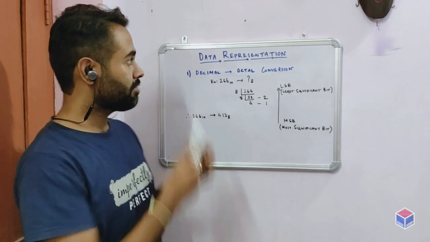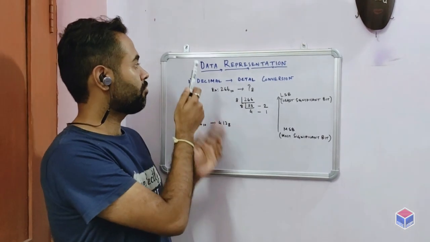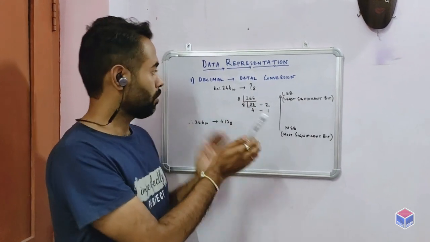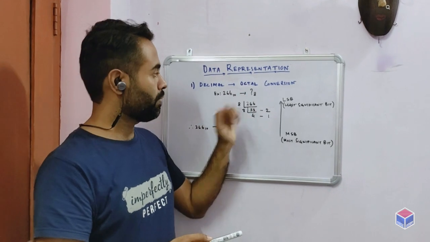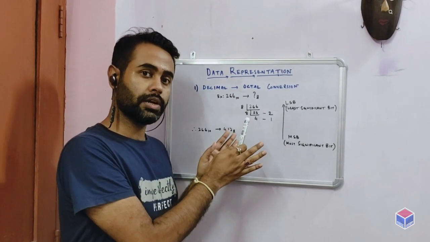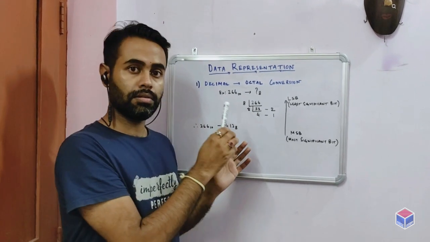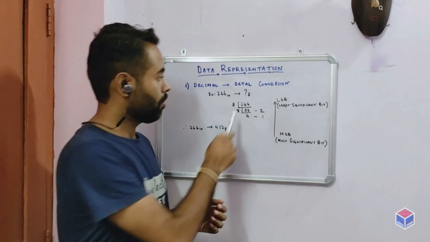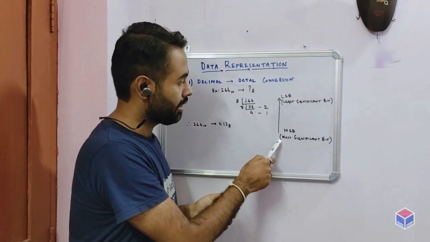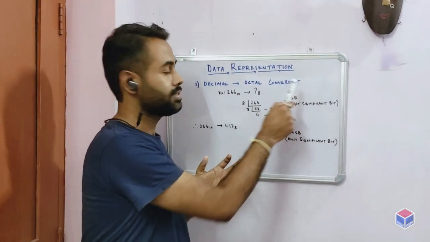The next conversion is from decimal to octal, that means from base 10 to base 8. Look at this example. We are converting 266 base 10 to base 8. The same procedure that we did for decimal to binary, we'll do using the LCM method, but we'll be dividing by 8. Again the same technique, we collect from the most significant bit, the last value, to the least significant bit.